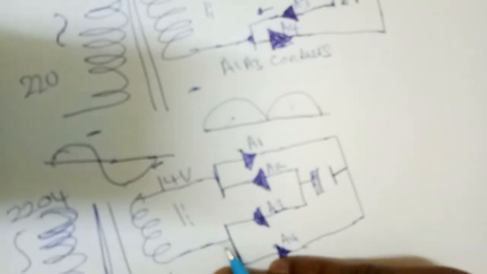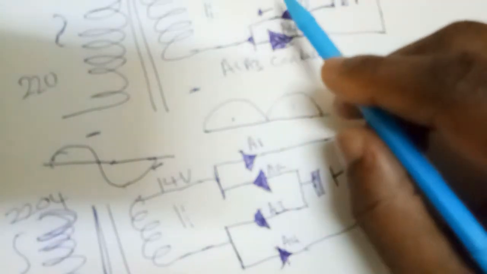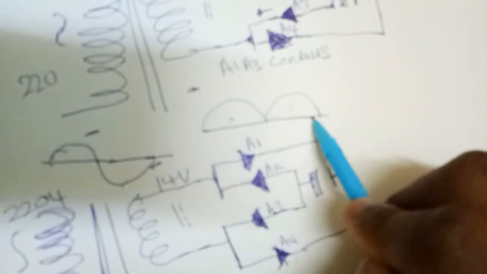So the most efficient way of converting AC to DC is the center tapped full wave rectifier. Because here you use 4 diodes and all the 4 diodes are conducting, and you are getting the 2 ripples.